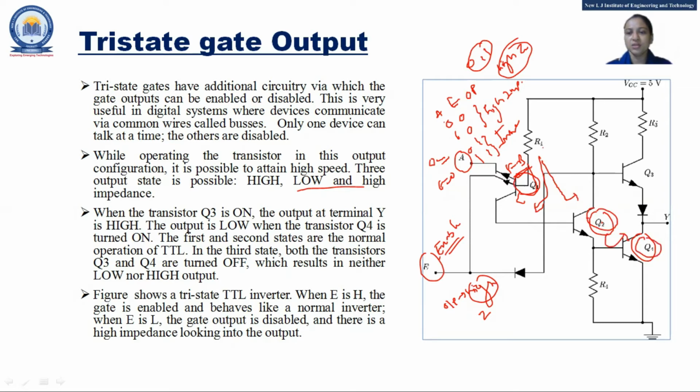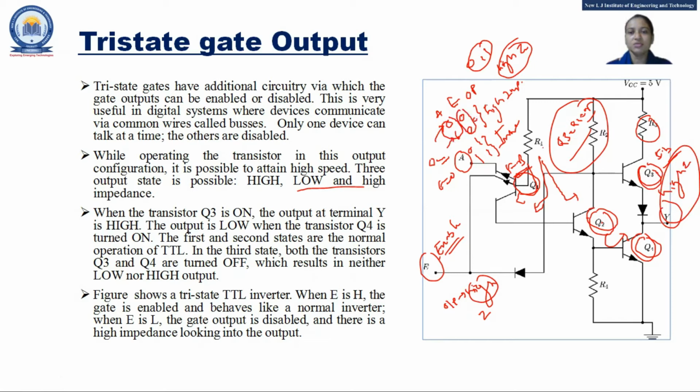Q3 is also off, and as we know, when Q3 and Q4 are both off, Y is in the high impedance state. So whatever the value of A, either 0 or 1, if the input E is equal to 0, the output is high impedance.